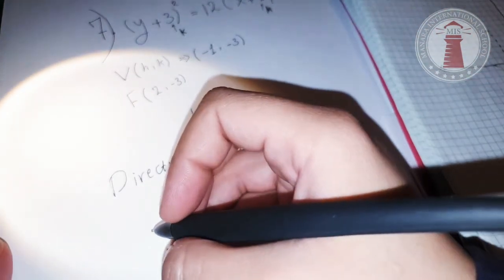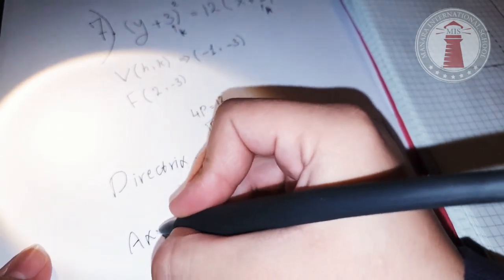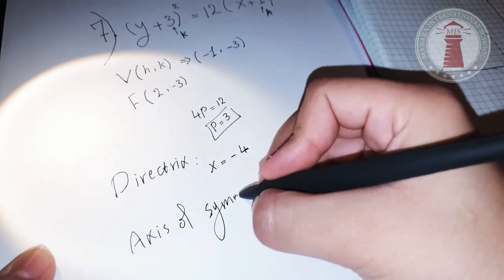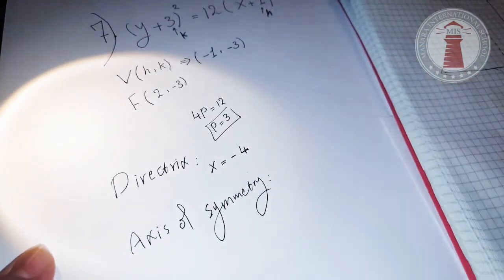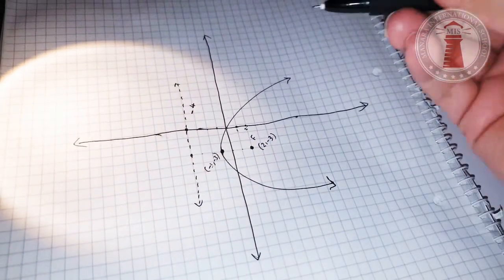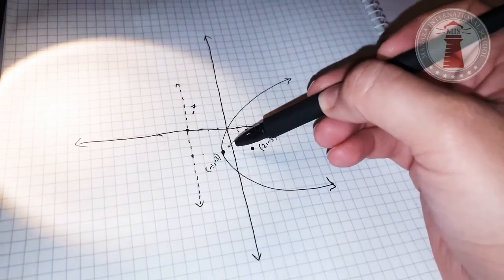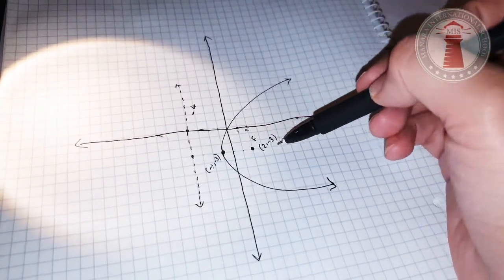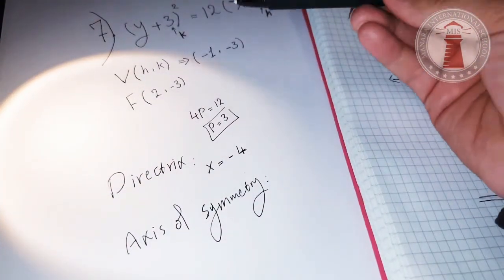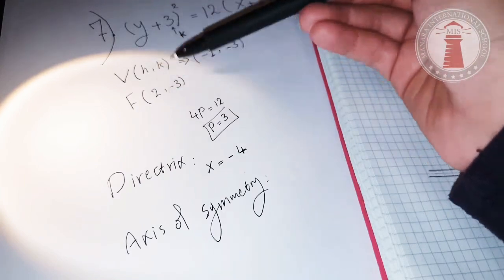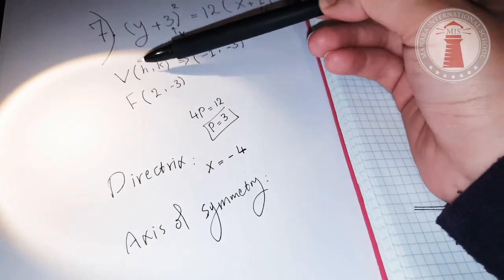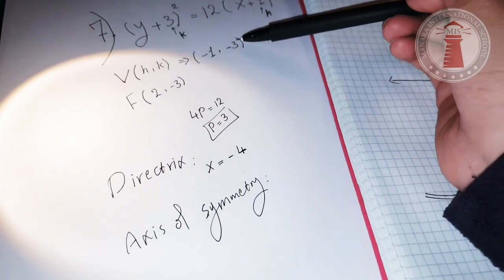And then we have the last thing, which is the axis of symmetry. For the axis of symmetry, again, we're going to look at the point that never changed. Like I said before, it's just a trick that you can use. Especially if you're doing this without graphing, just check the point that doesn't change when the parameters change. Here we have the vertex. As you can notice, in the y coordinate we have -3.